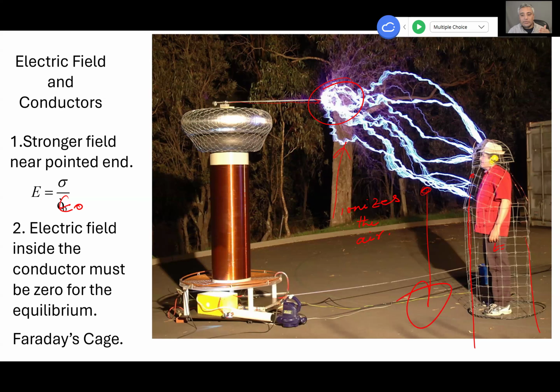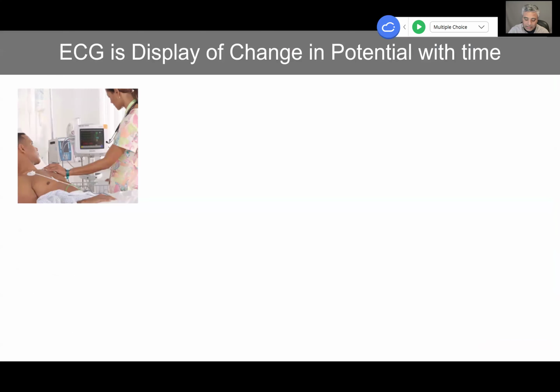So now we're going to move to potential, like a potential energy. Just like we had gravitational potential energy and elastic potential energy in physics 1, now we can have electric potential energy. And those kinds of potential energy come in handy.